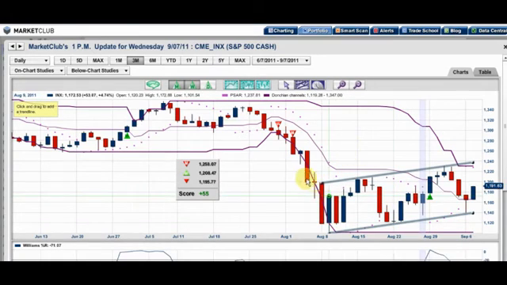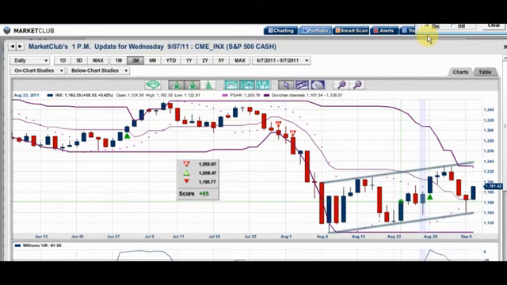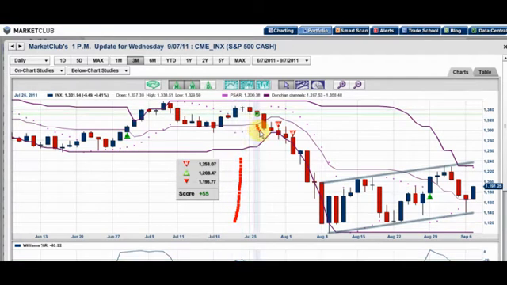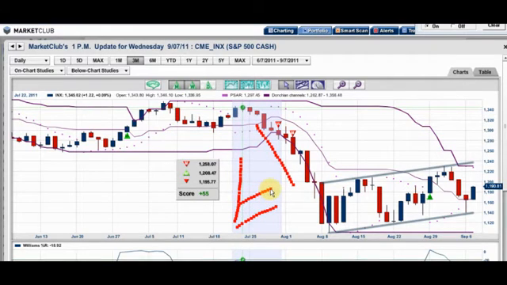Now this pattern is basically a negative pattern in my mind, and I'll show you the reason why. I'm going to put my telestrator on. I'll take this indicator off the screen right now, and I'll go to my telestrator, and here's what I'm looking at. Normally when you have a market that comes down like this, and I'll just draw the pattern for you, when it comes down like this, and then you have this sort of move like this, which looks very, very positive, but in reality this is what they call a flag formation.